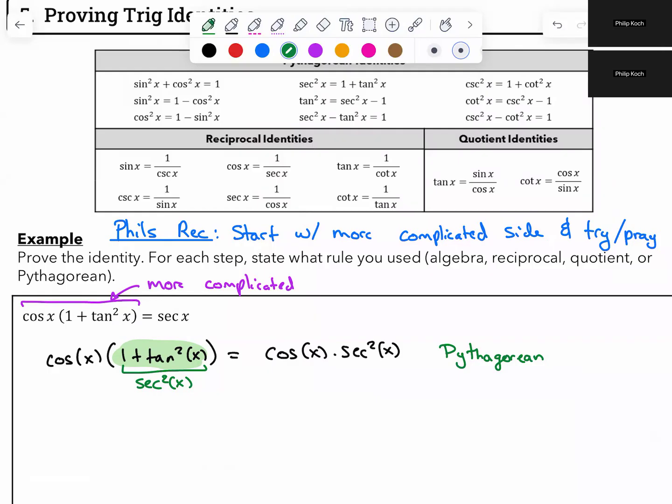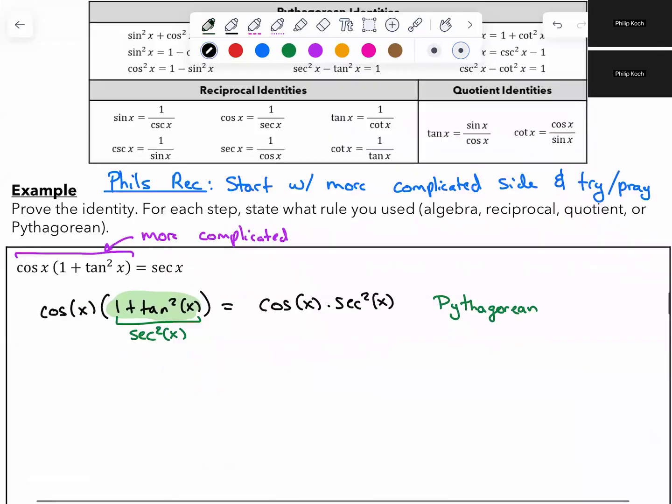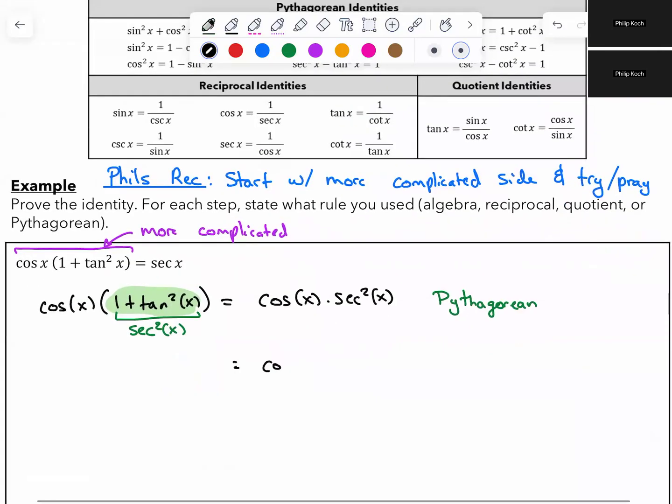Now what should I do? The reciprocal identities. Secant is relatable to cosine. Every x gets a c. So this could be rewritten as cosine of x times 1 over cosine squared of x. And that's a reciprocal identity.